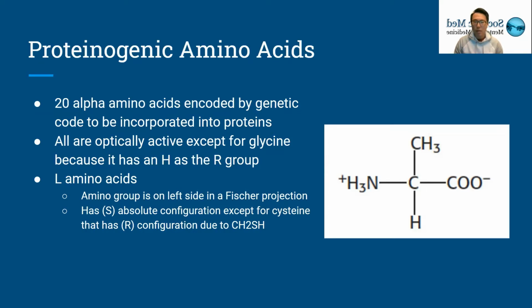But cysteine is the only one out of the 20 that has an R configuration because the R group is a CH2SH, so the sulfur actually has a higher priority and gives it an R configuration instead.